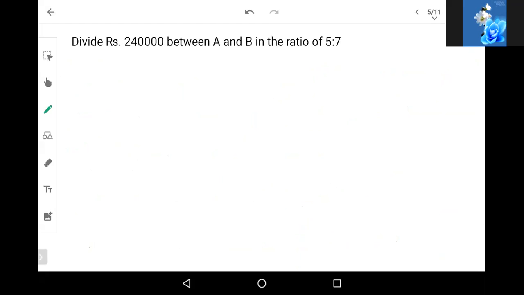Now, this is the same question like the previous one. 2,40,000 has to be shared between A and B in the ratio of 5:7. Now, will you try solving this problem? Try this problem.